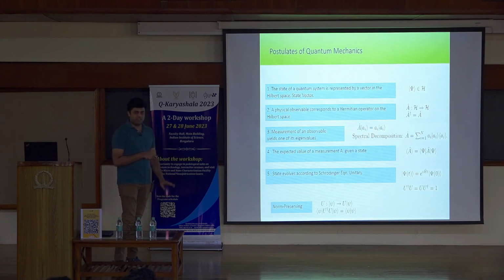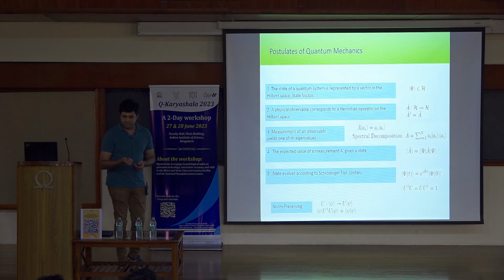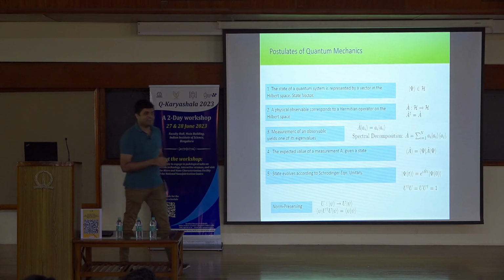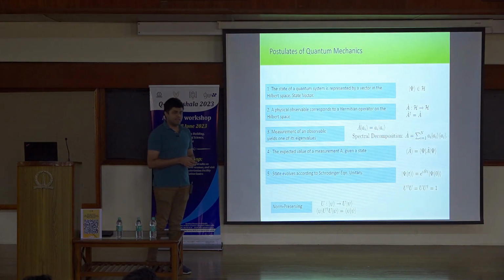Can anyone tell me what a Hilbert space is? Right. It's a vector space on the complex field with an inner product. And there's one more property. Right, the inner product is given.